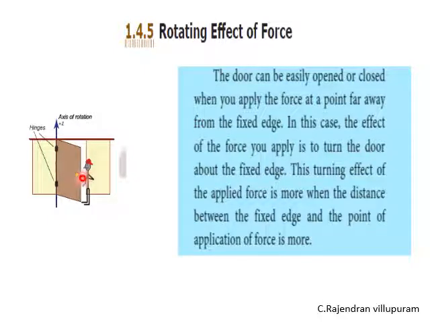The effect is that it is very easy to close the door. So if we apply a force to an object and the distance from the axis is more, the rotating effect is very easy. Okay, you understand this, right?